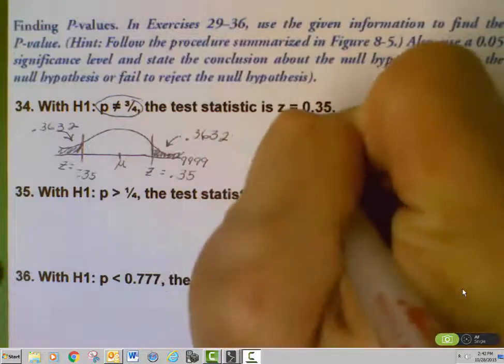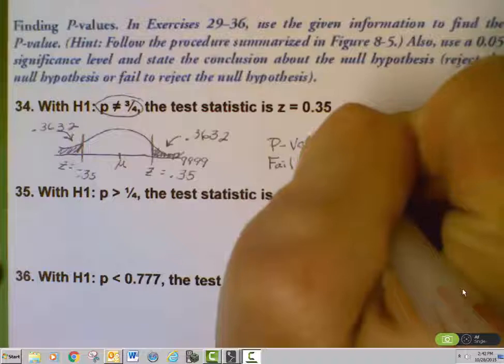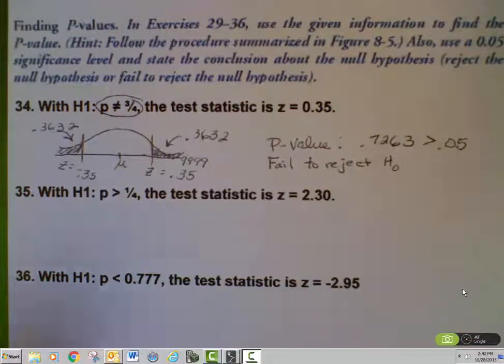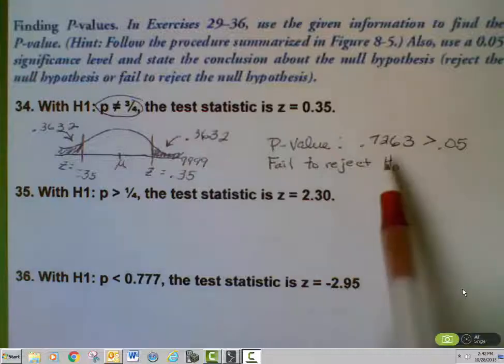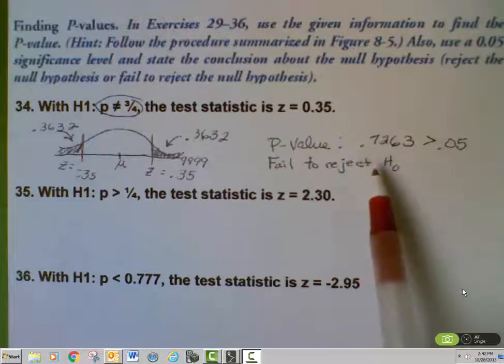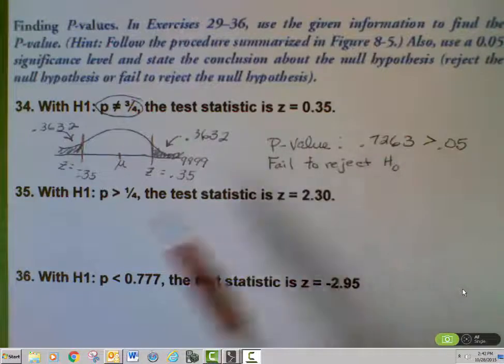I'm going to say fail to reject the null hypothesis. Again, fail to reject does not mean to accept. We just don't have enough evidence to support or reject the claim that was being made. So find the p-value, and if p is greater than alpha, then you fail to reject the null hypothesis. If p is less than alpha, then you reject the null hypothesis.